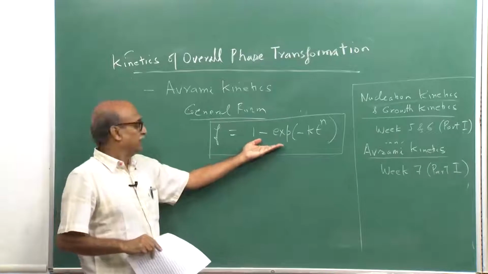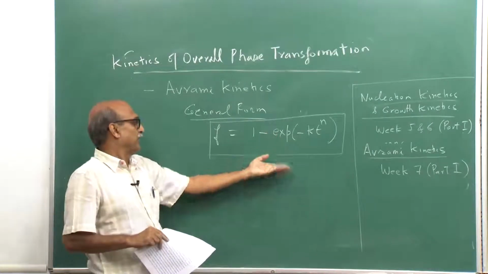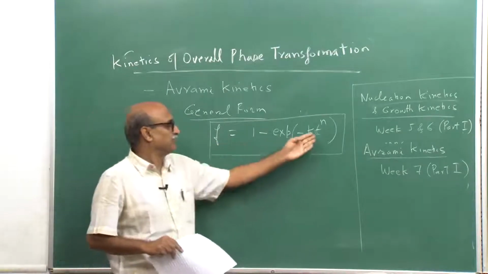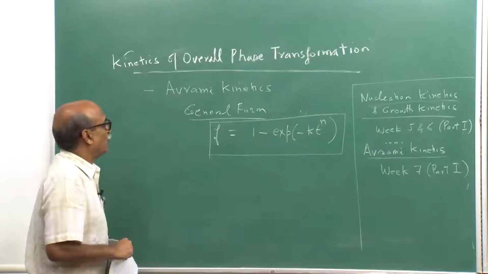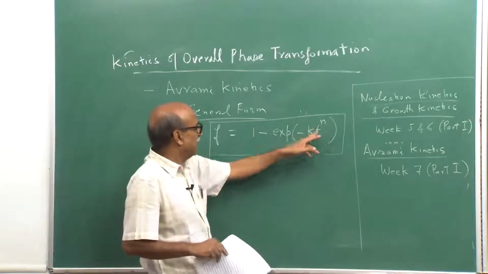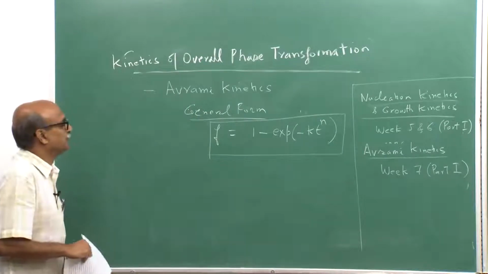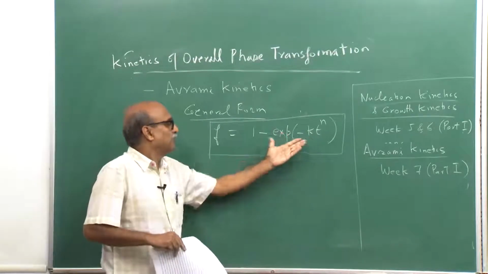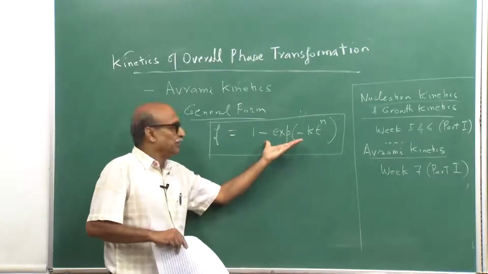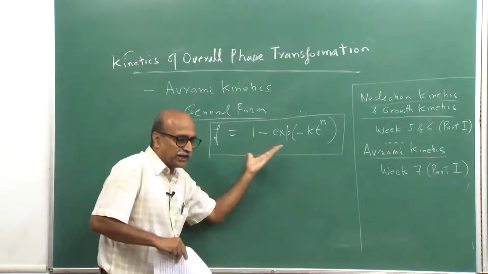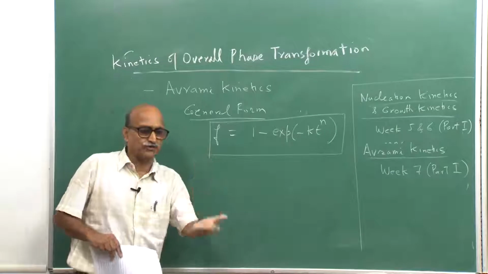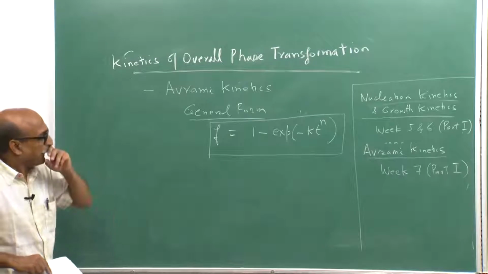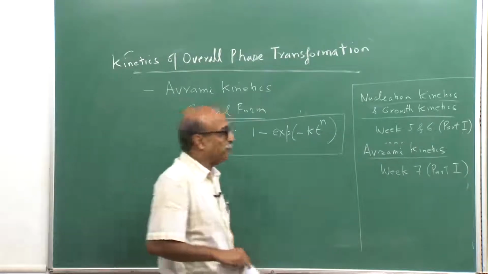First, purely as a mathematical function, how this function varies, how f varies as a function of time, what effect does the parameter n and k have on the function, and we will also look at the overall what kind of transformation characteristics we expect, because as you know that both nucleation and growth vary or may vary as a function of time.